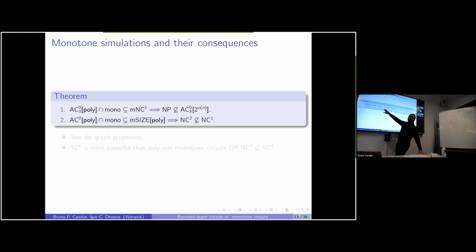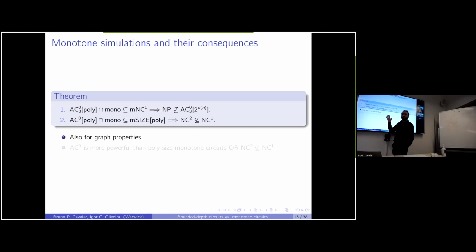And here I show that if you cannot show the separation that Grigni and Sipser asked, then you get that NC2 is not contained in NC1, so the separation of NC2. And similar consequences also follow from the simulation of merely graph properties.